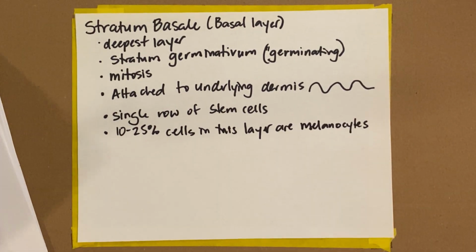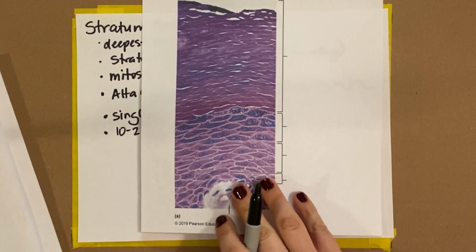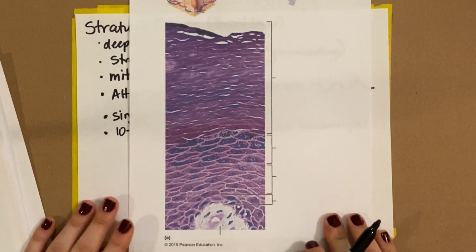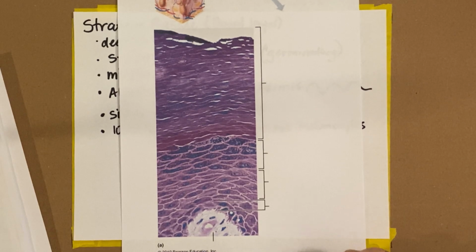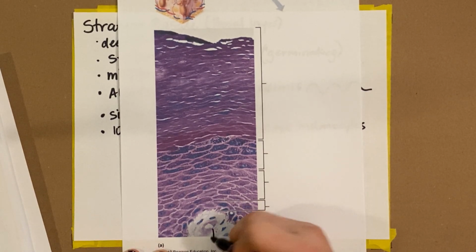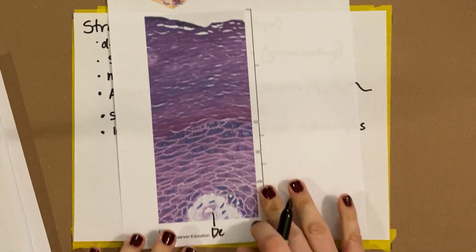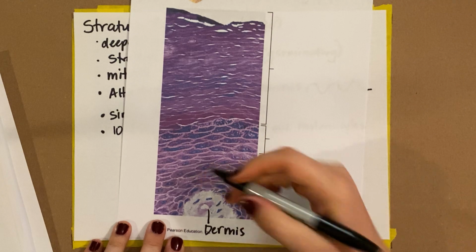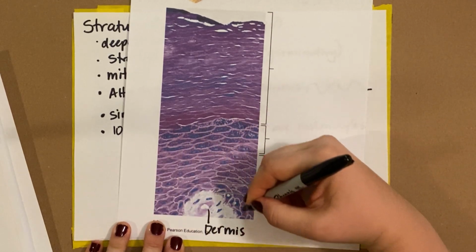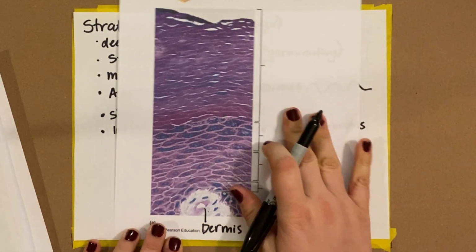Now I have a little bit of a different image than we saw before, basically a non-cartoon image. The lowest layer is very similar. This is the dermis right here, and this layer right here is going to be the basal layer.